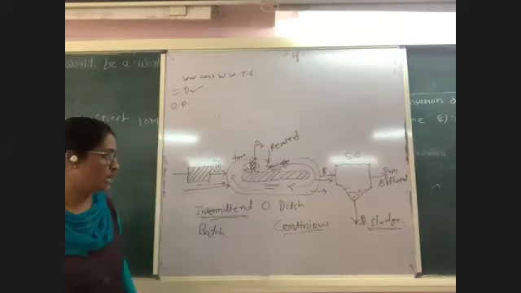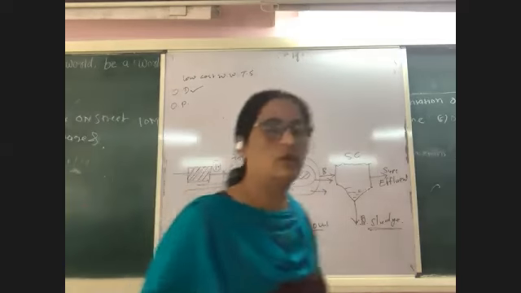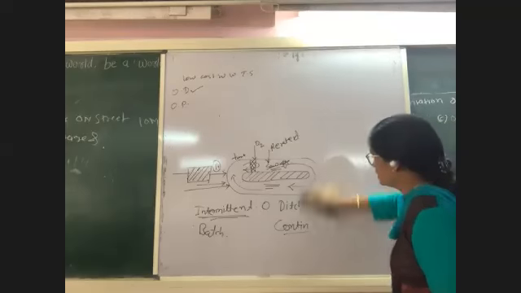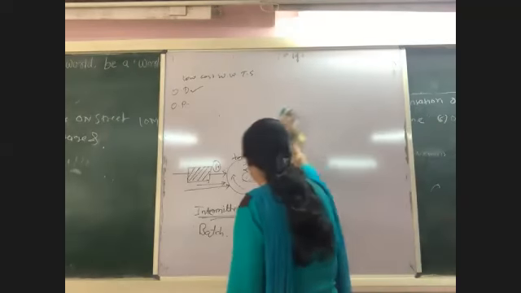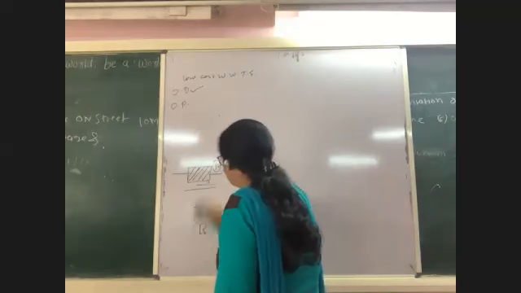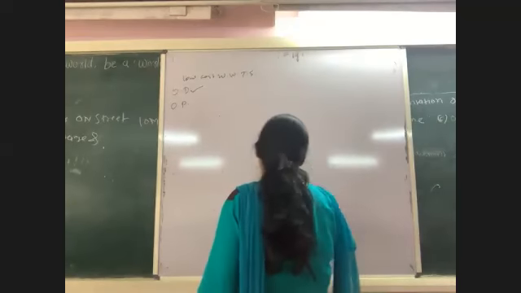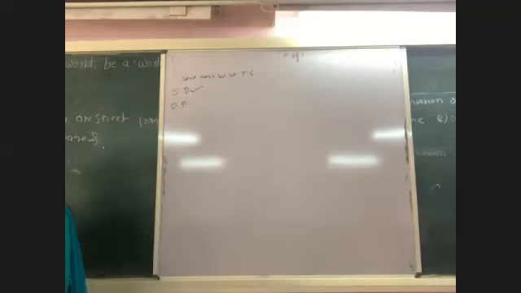Before that, we studied the oxidation pond. These diagrams and explanations you have written already, so I will take just a revision of 5-10 minutes and then we'll solve the design problem on the oxidation pond.